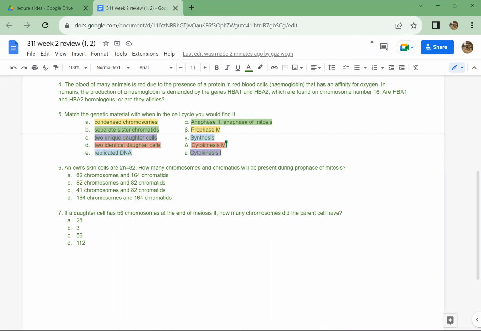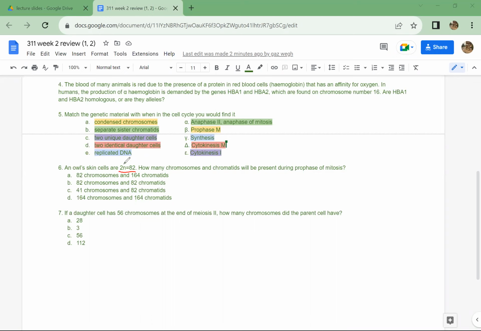So an owl's skin cells, I knew I was forgetting something. This whole business of being 2n equals 82 is something that every table I visited during class had a shaky grasp on. The misconceived idea is that it is so tempting to think of 2n equals 82 as an equation to give us the answer.